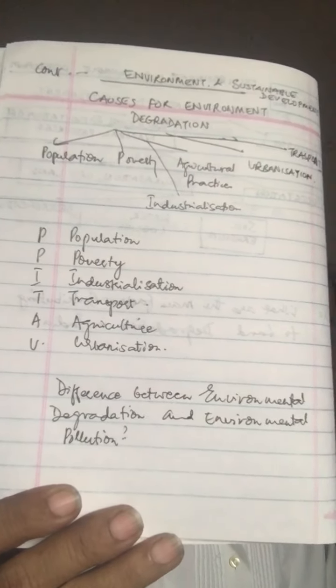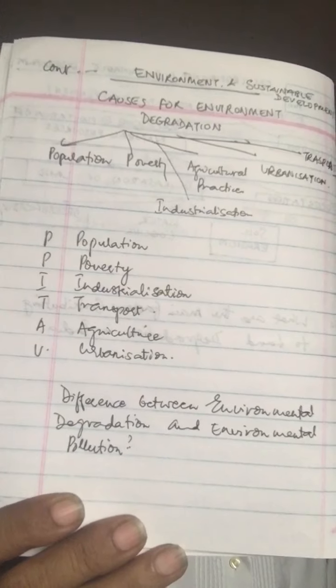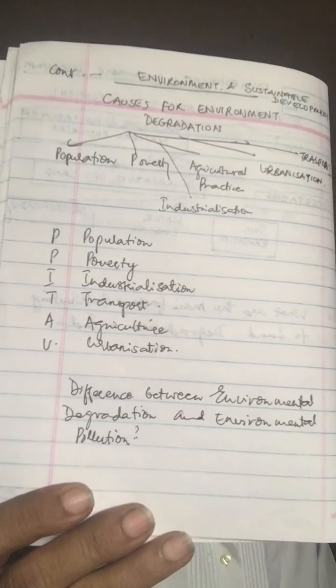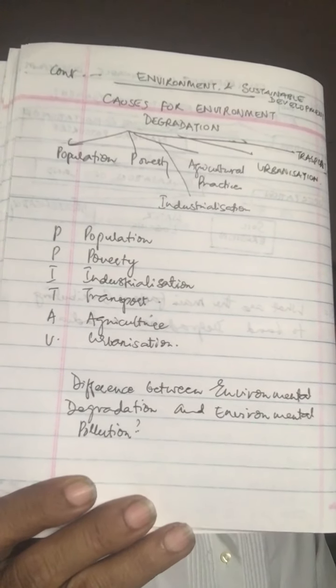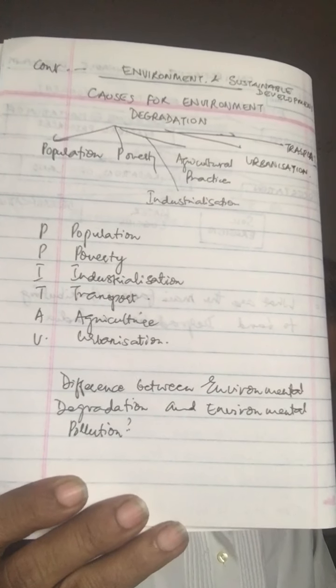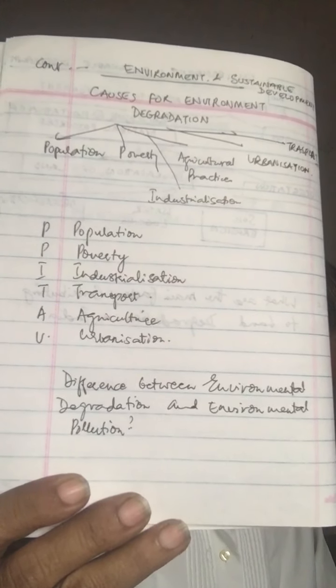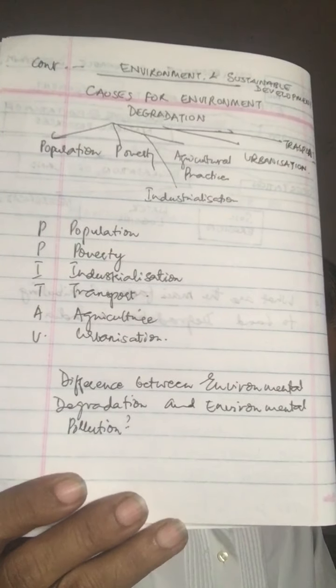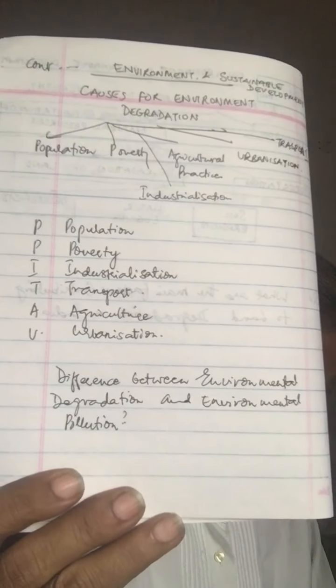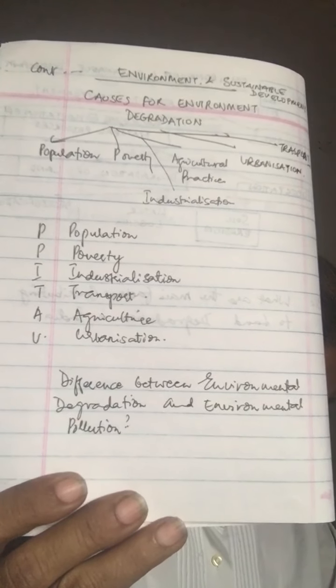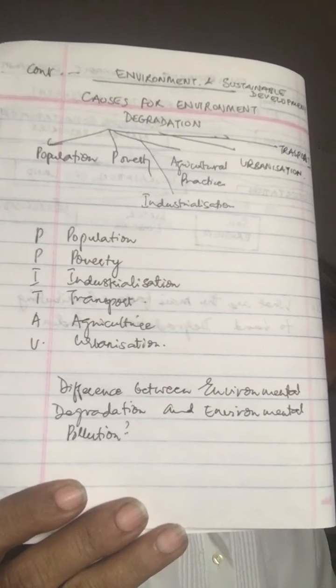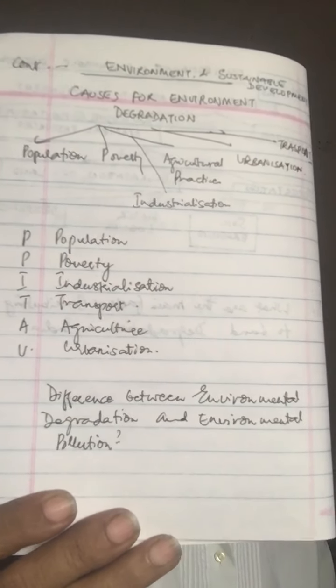And where did the land come from? The forest. They are clearing the land for housing, industries, construction of roads. So in a way it has led to excessive exploitation of land and other natural resources. So these are the causes of environmental degradation that one should learn.